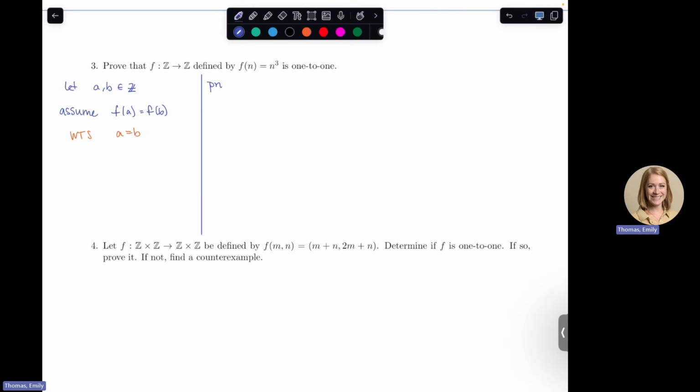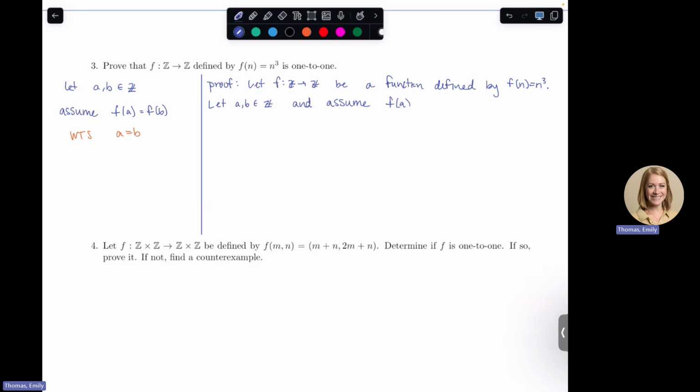All right, I'm writing the proof. Let f from Z to Z be a function defined by f of n equals n cubed. We are going to let A and B be in our domain and assume their image is the same.